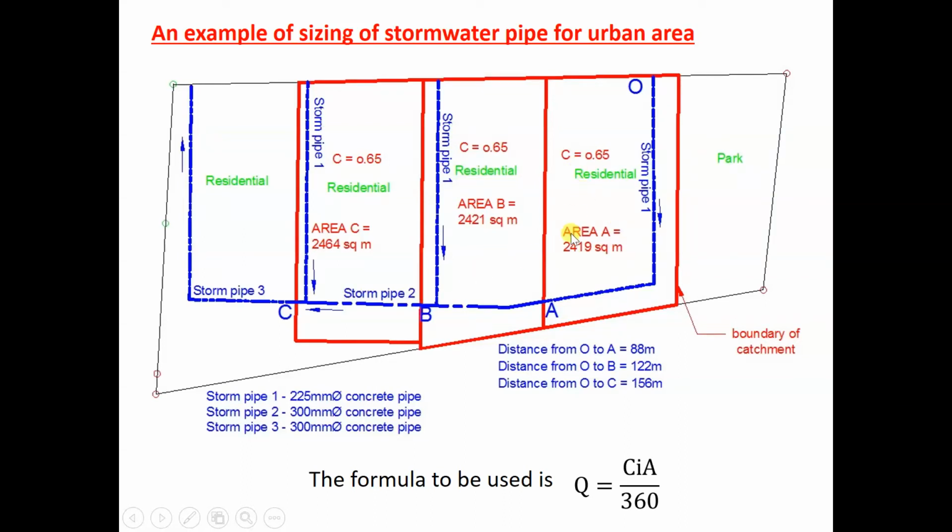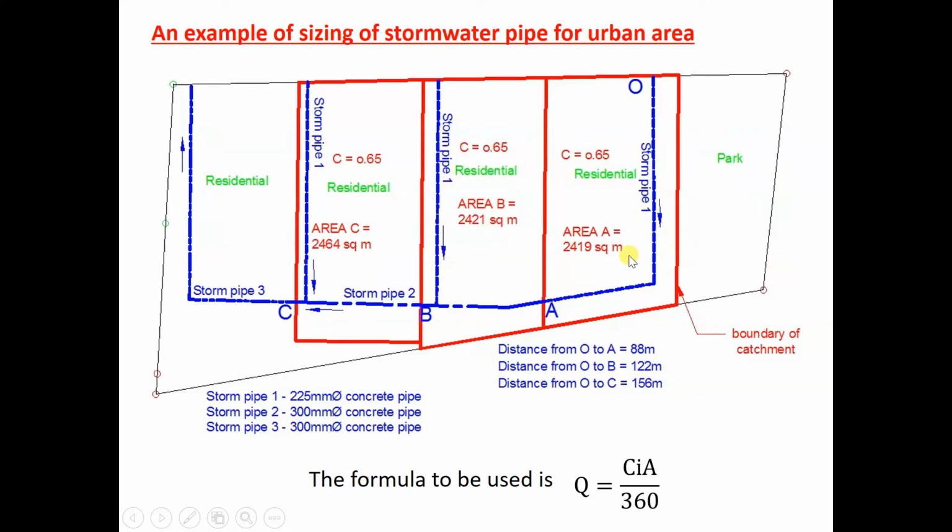So the area A, this is the area, then the second area, third area. We assume that in these sub lots we have a drain pass or stormwater pipe serviced by this stormwater pipe OA, and this second lot, area B, and area C. Area B will be serviced by this stormwater pipe, also stormwater pipe 1.